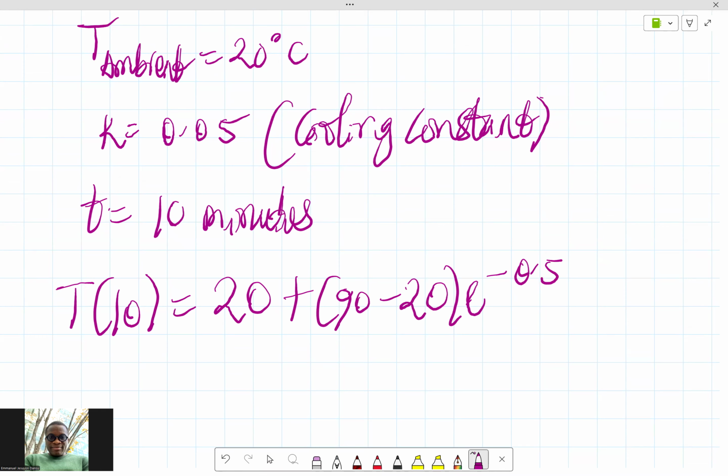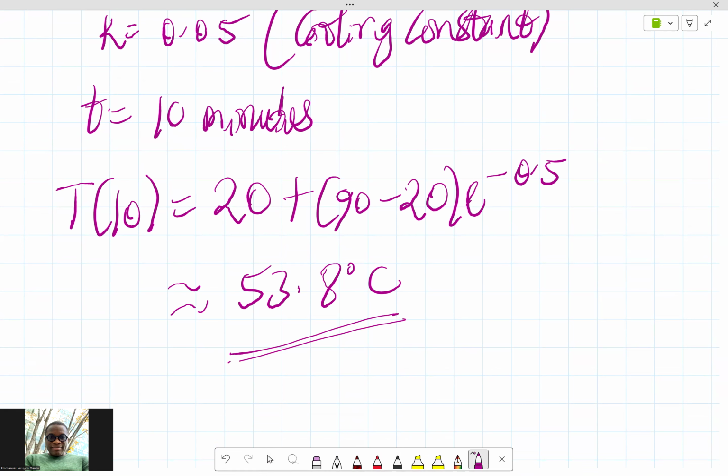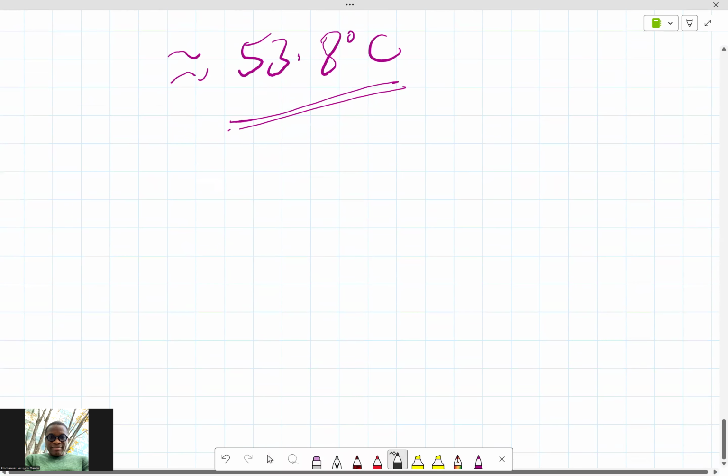And this is approximately 53.8 degrees centigrade. So after 10 minutes, the object would have cooled down from 90 degrees centigrade to 53.8 degrees centigrade.